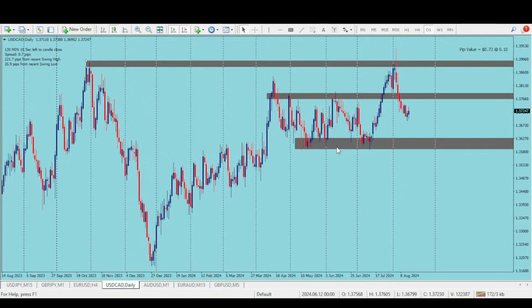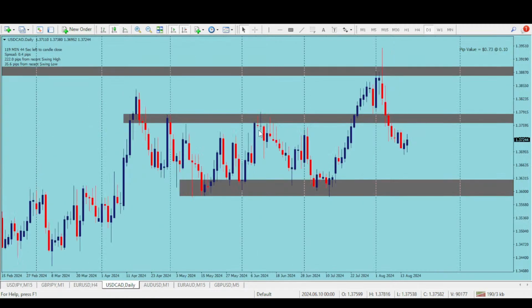So from here, it came down and it tested here, moved up, came down, tested again, moved up, tested again. Then it got to this area, and there were rejections.